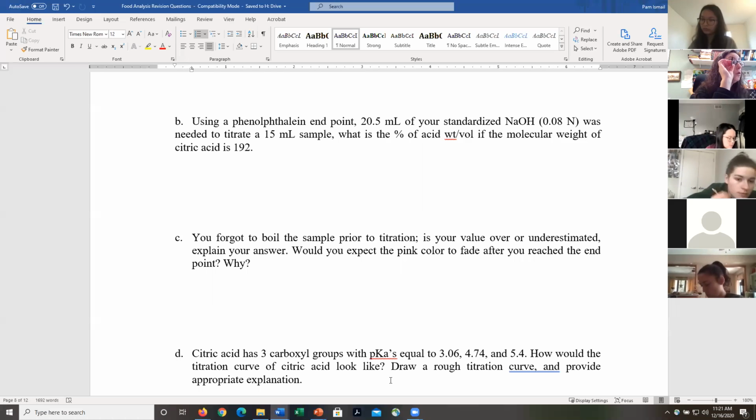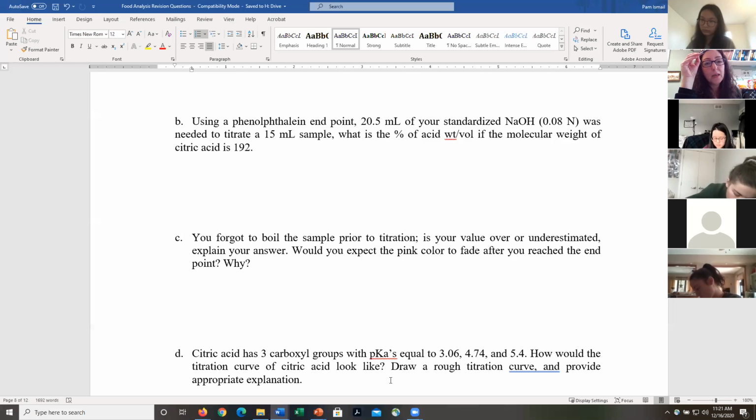And here I'm asking you to draw a titration curve. So the idea here is to remember that there is buffering around the pKa. So when you draw your curve, you want to make sure that it plateaus a little bit around the pKa. So your pH would be on the y-axis, and your milliliters of NaOH on the x-axis. When you're titrating, your pH goes up.